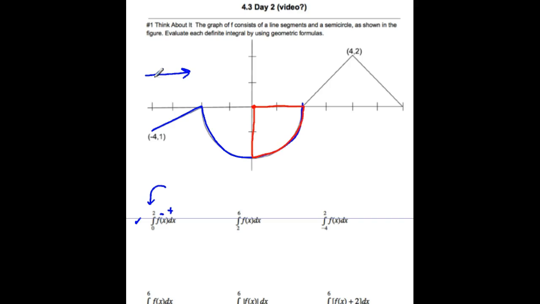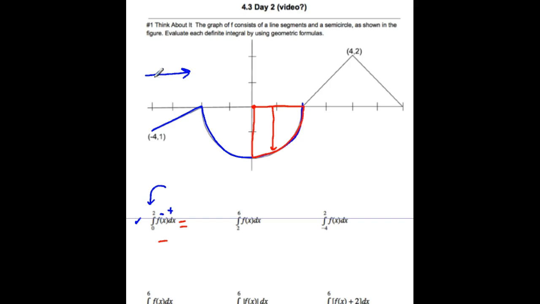Because it is under the x-axis, we would call that, and although it's not really possible to have negative area, we can have a negative integral. So the integral gives us a signed area. And so this is going to be negative because it's below the x-axis. F of x, or the y values here, are negative. So I'm going to get negative the area of that quarter circle.